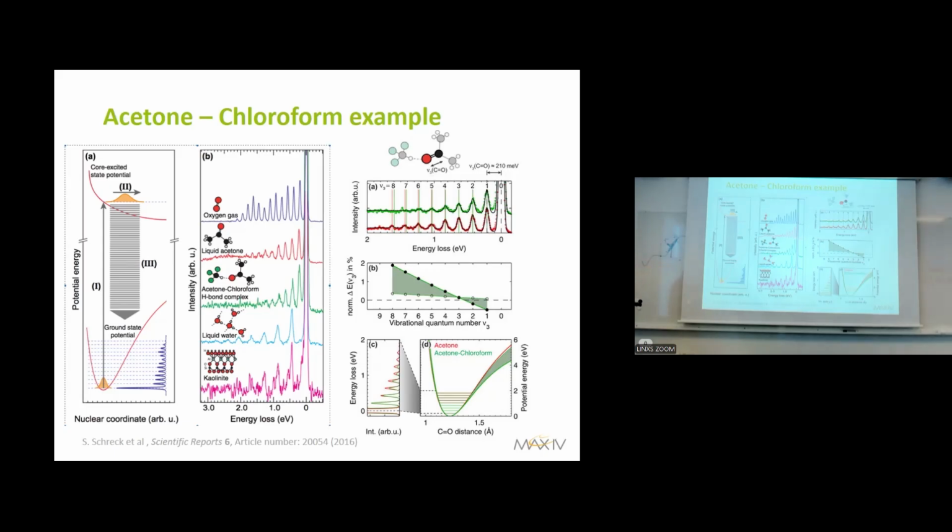And you can even quantify it to some extent. So down here, you see this very strong effect on the vibrations in the acetone chloroform bond, where you have a very strong presence. So these are things that people are now exploring and trying to figure out. So clearly, there is a use for chemists, and even quite basic atomic and molecular physicists, to look at that RIXS data and learn more about things.